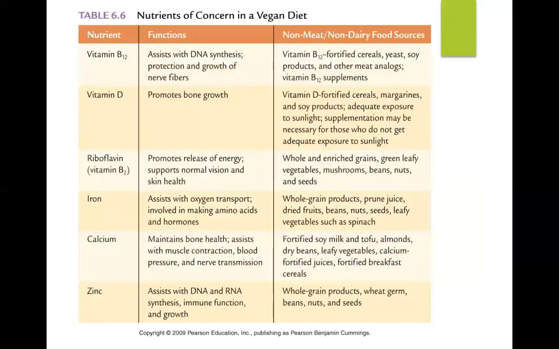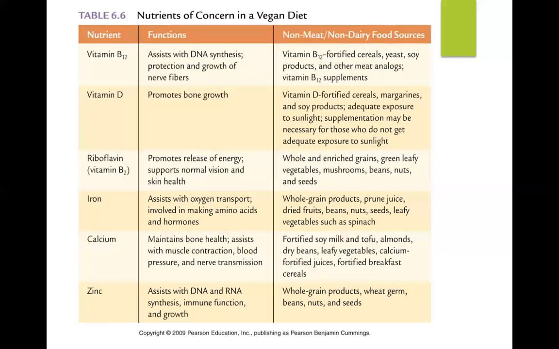And then issues or potential issues with a vegetarian diet. Since some proteins are found in higher concentrations in animal products, there are some potential deficiencies with a vegetarian diet if you're not planning very well.